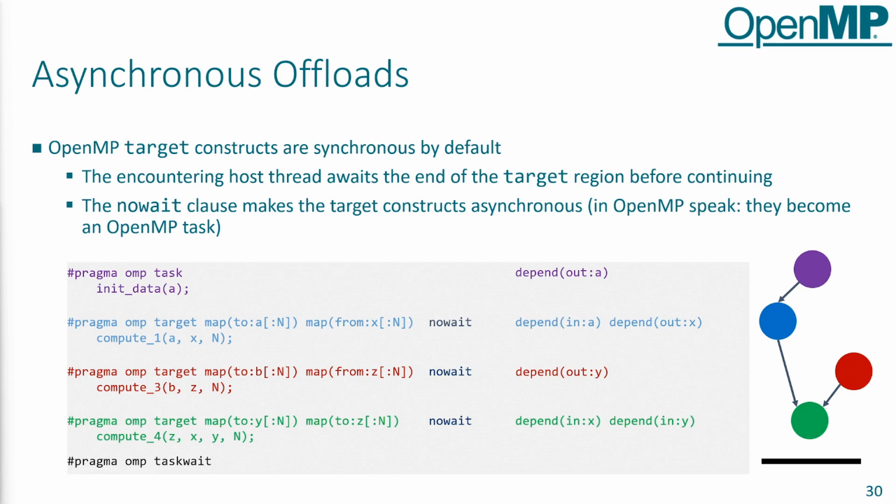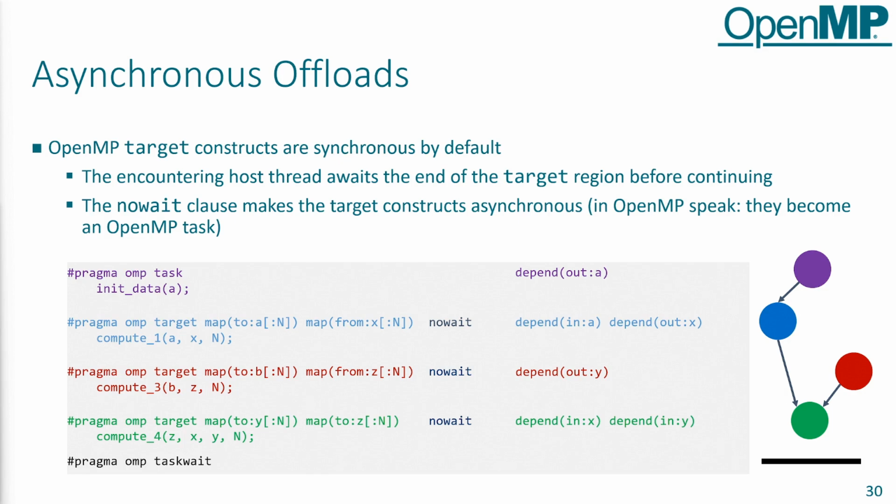They're not synchronized in that regard. And then the green offload region down here will wait before it starts execution until the blue and the red offload regions are finished. And then the taskwait will wait for all the child tasks of the encountering thread. So it will synchronize and wait for all those tasks to complete, meaning that it will continue once the green task down here has completed.